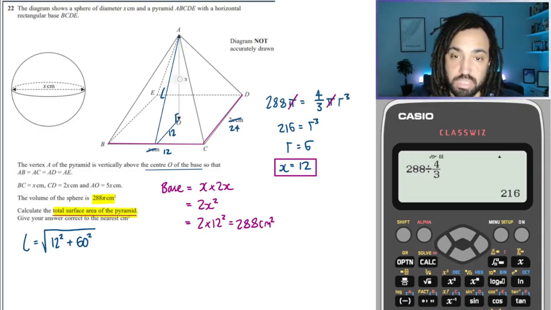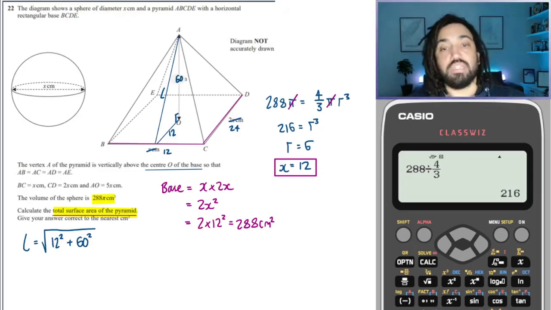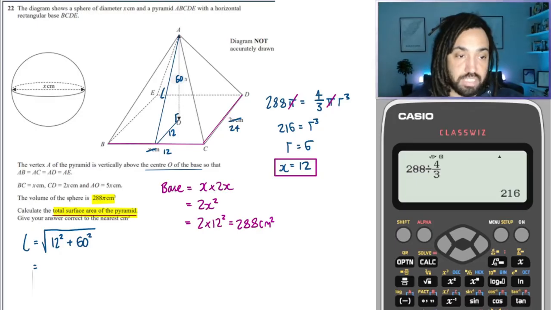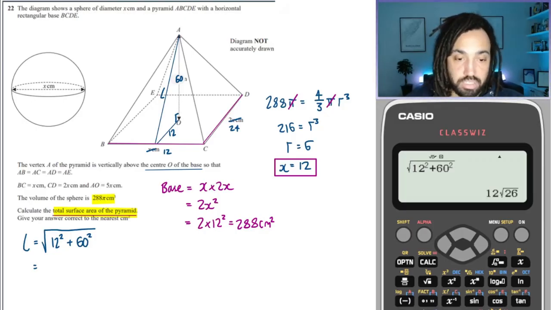Let's just do that, and that is 60, that height. Okay, so let's find out what L is, and let's leave it as a surd to keep my answer as good as possible. So that gives us 12 root 26.